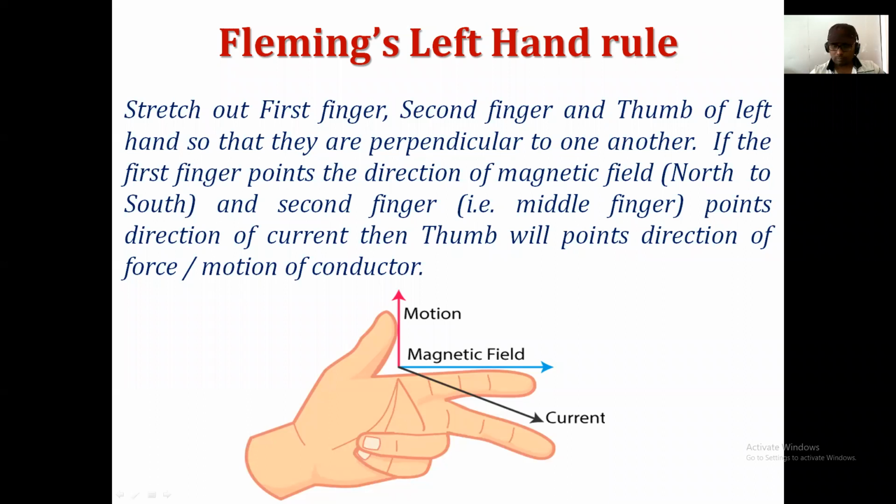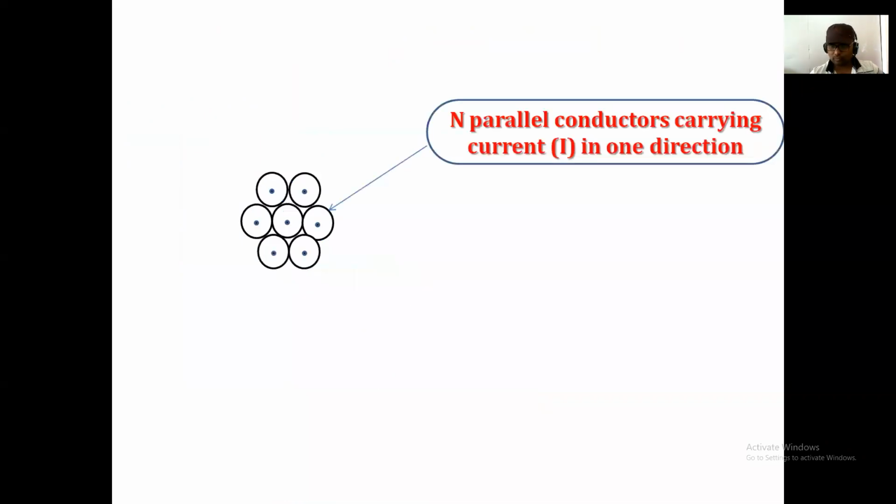Okay, so this is about the direction of the force acting on the current carrying conductor placed in the magnetic field. Then the second, very important point, we discussed the work law. For that work law, we assume n parallel conductors carrying current in one direction.